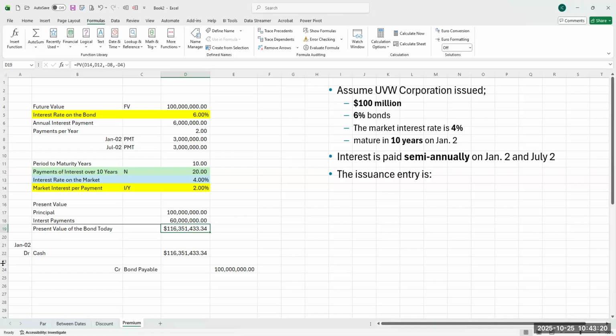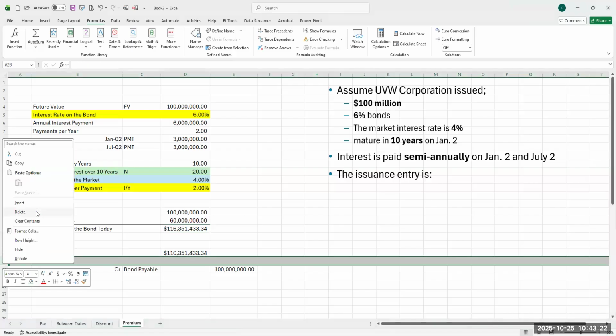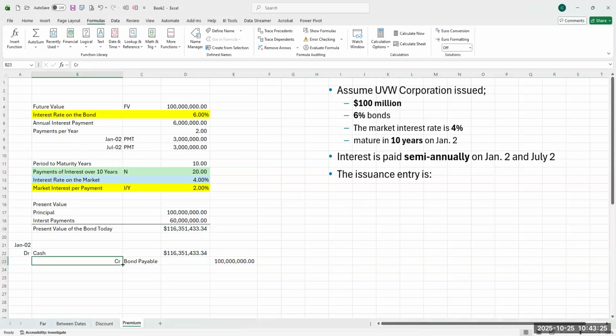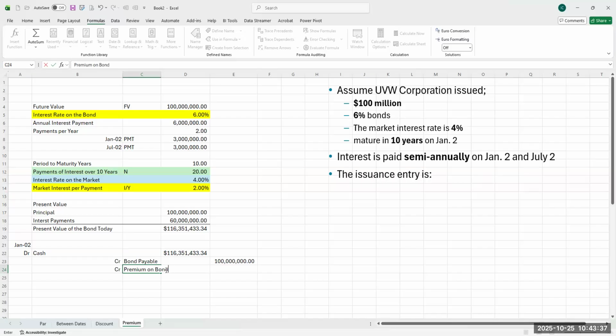Now, as you can see in this case, we have a difference on the credit side. And that difference will be our premium on bonds payable. That premium is going to be equal to this amount minus that amount.